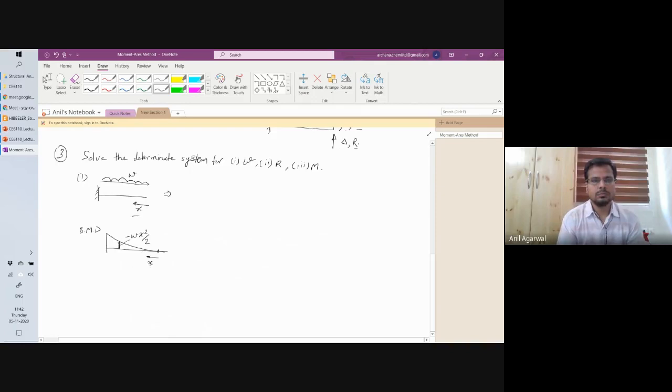Okay. So this is the bending moment diagram for this load. Likewise, for the second case, I'm applying a load R. Okay, and load R is applied in the upward direction. So again, this time the bending moment at any given distance x, what will it be?